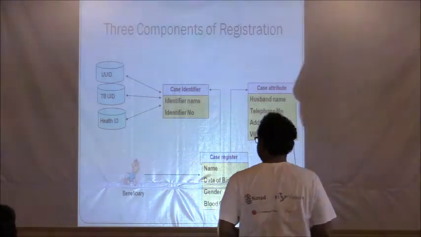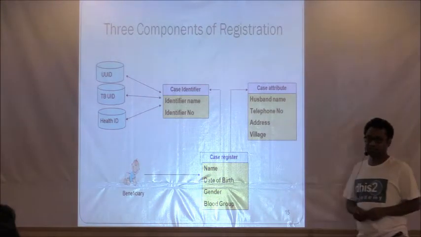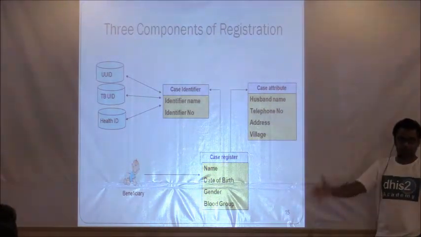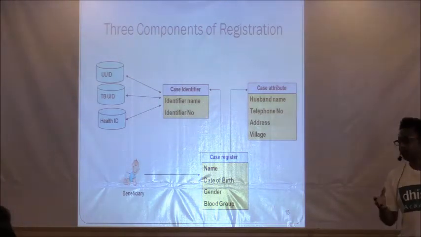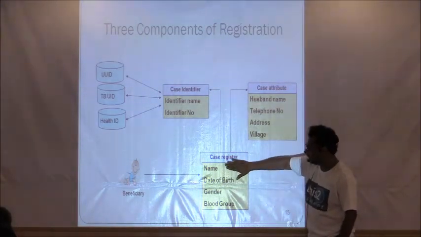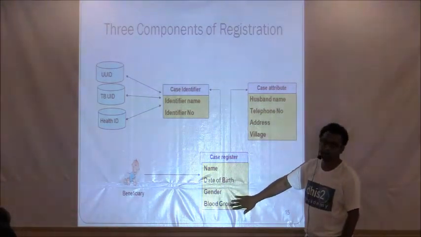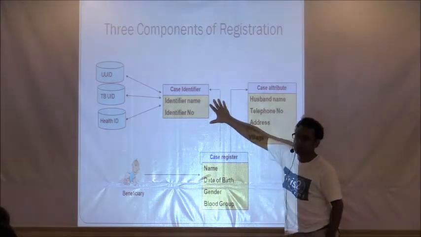Now, it's just a three-component registration of a person. When you have a person registration or a vital event, you have the primary details, let's say name, date of birth, gender, blood group. Then you have an identifier.